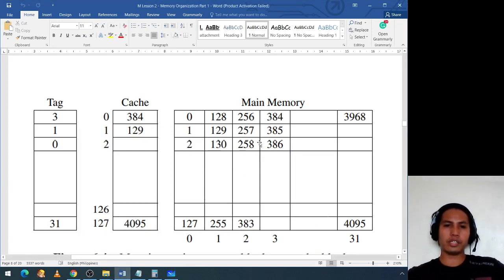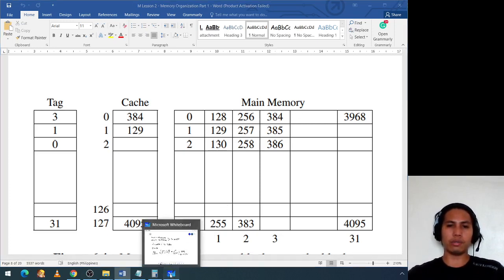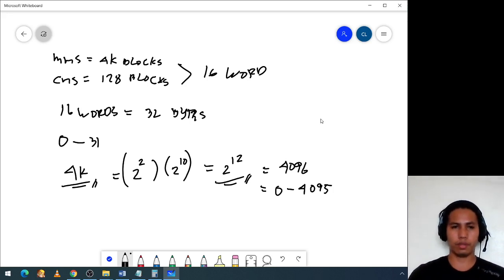Okay. So let's test. So 3968. What cache block index is 3968? So to get the cache index of 3968, it is 3968 mod 128.